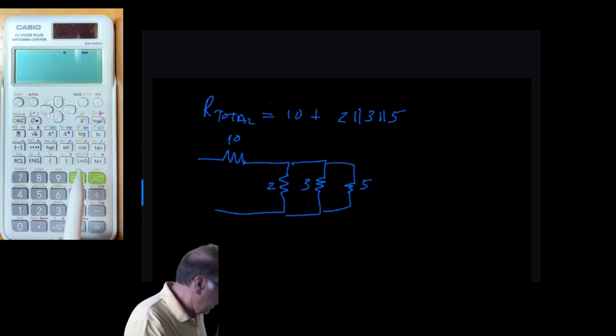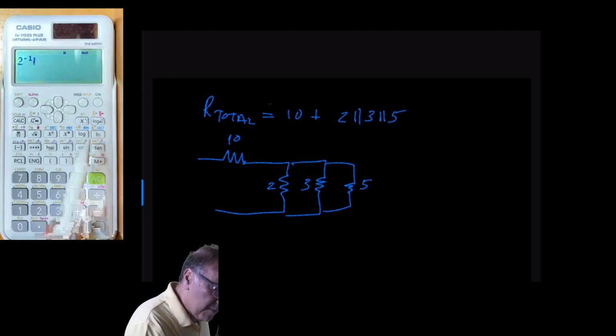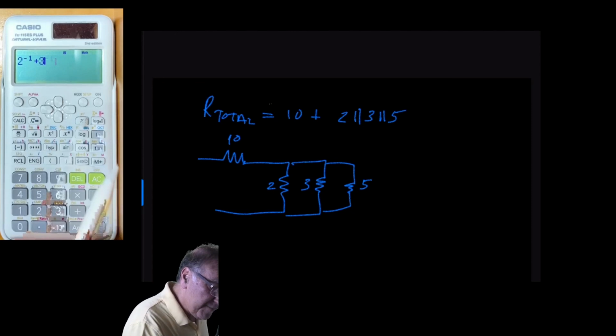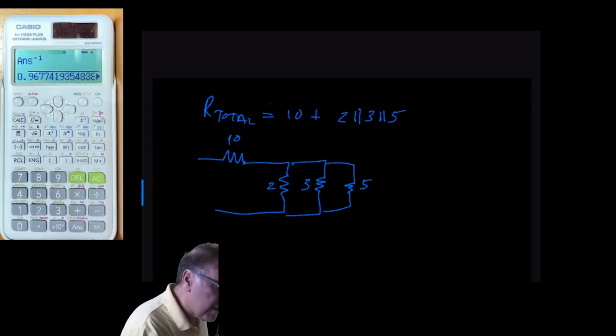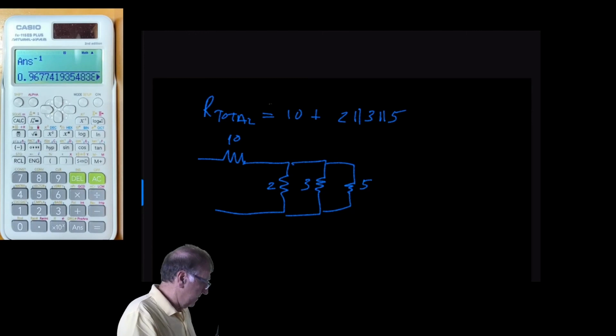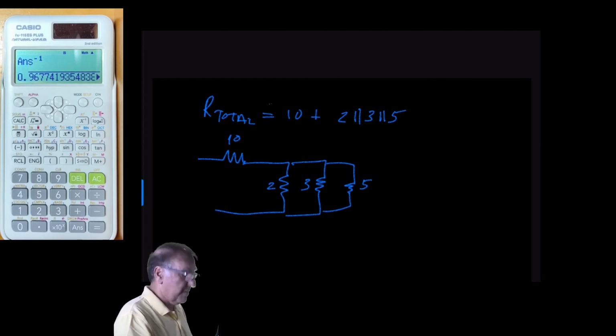It would be 2 inverse plus 3 inverse plus 5 inverse equals, and you inverse that, equals 0.97 ohms.